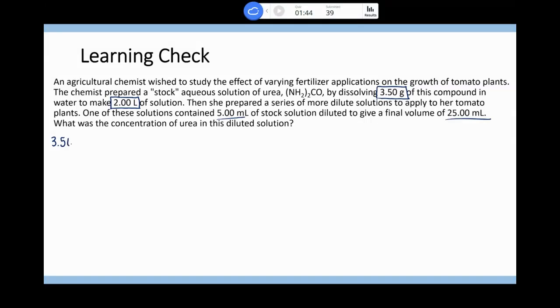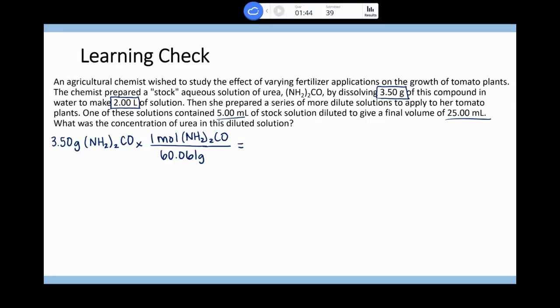So 3.50 grams of urea, NH2 to CO, we can convert to moles using its molar mass. Its molar mass is 60.061 grams per mole.